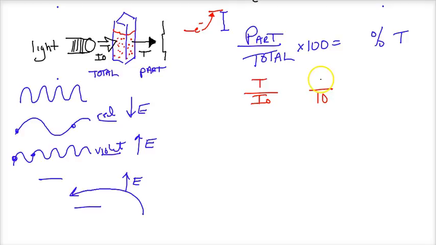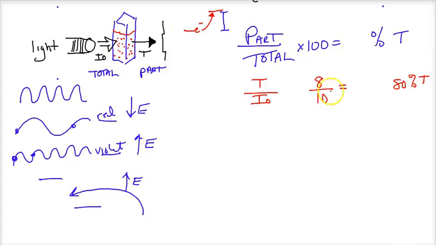If this came out on this side, let's say 8, then we would say there is approximately 0.8, or if we times it by 100, 80% transmittance.